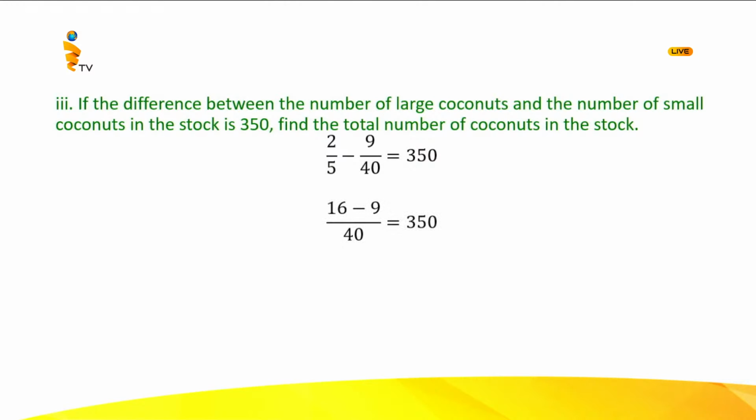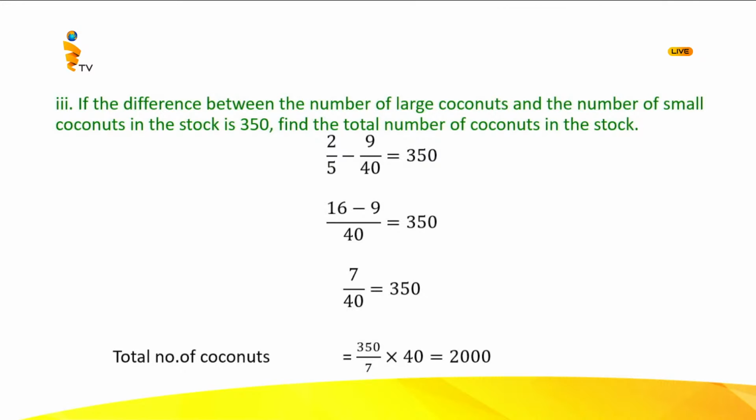When you simplify this fraction, the common denominator is again 40. So, 16/40 minus 9/40 is equal to 350, that is 7/40 is equal to 350. Therefore, I found the total number of coconuts by dividing 350 by 7 and multiplying it by 40.